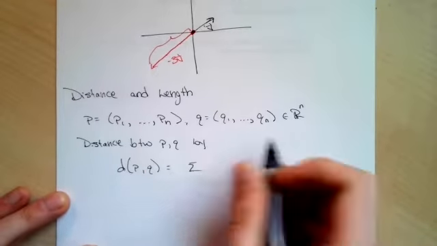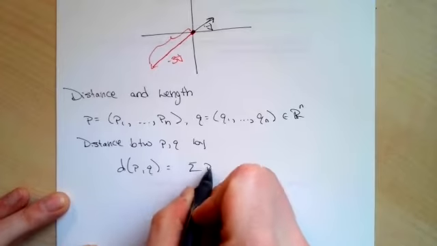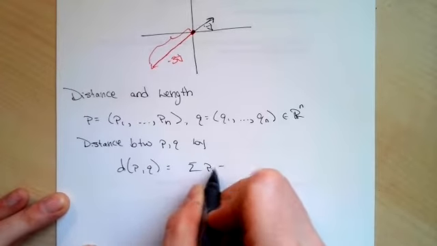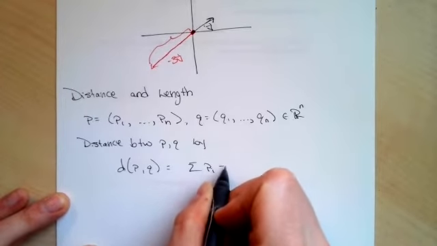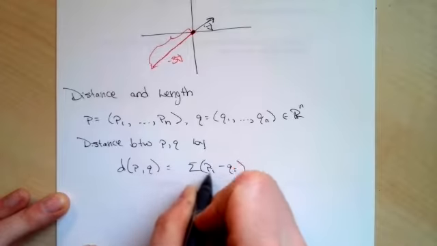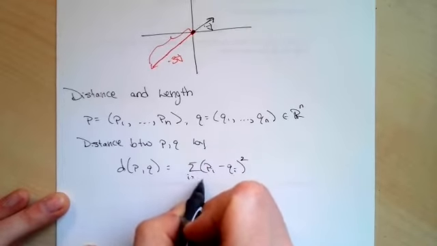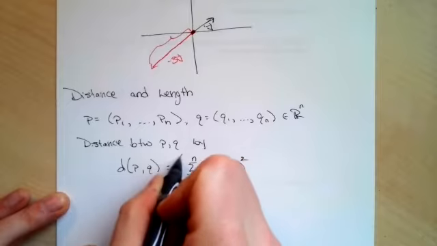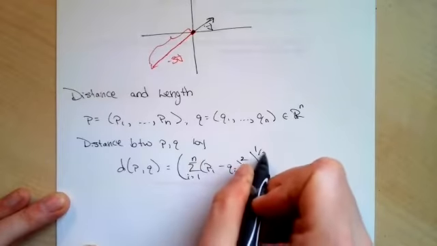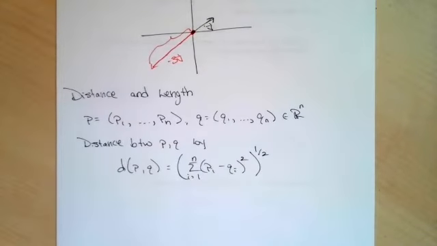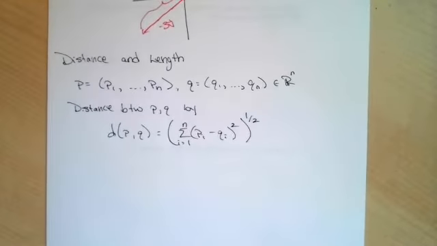We want to add up the difference of the coordinates, square them all, add them up, and then compute the square root. So this is our nice Euclidean geometry, except now expanded into higher dimensions.